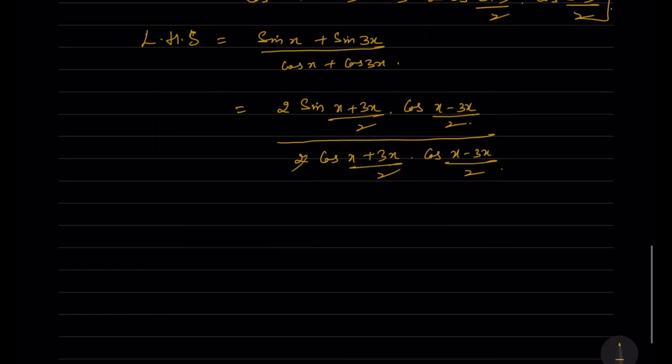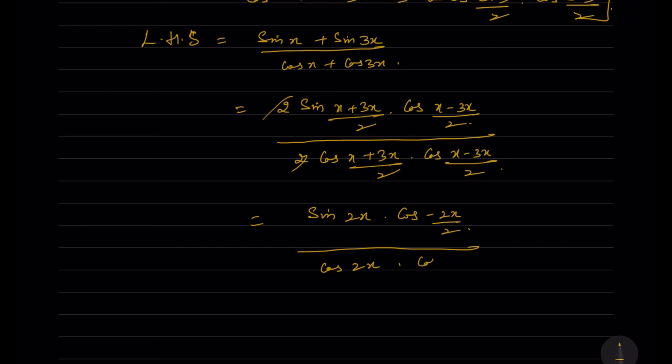So this 2 will get cancelled. You're going to get sin 2x, since 4x by 2 is 2x, into cos(-x), divided by cos 2x into cos(-x). So these two are the same, so you can cancel them out. You are getting tan 2x, which is equal to RHS. Hence proved.